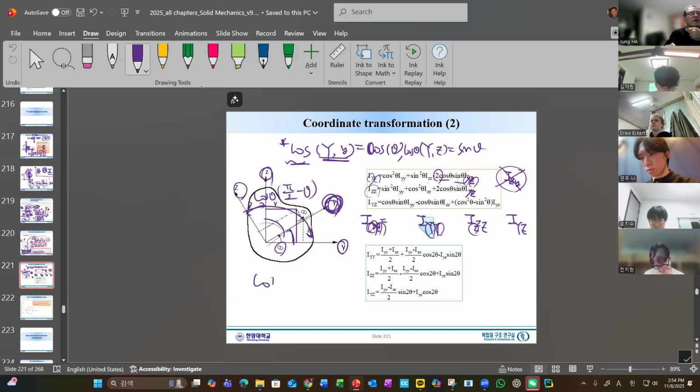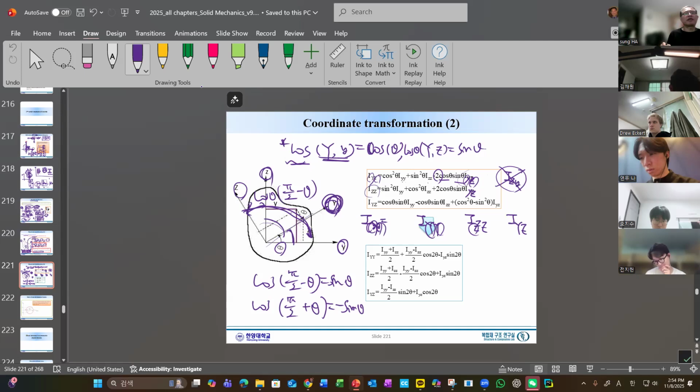We know the cosine of pi over 2 minus theta will be sine theta, and cosine of pi over 2 plus theta, what is that? This will be minus sine theta. So using this relation, we can always simplify this one.